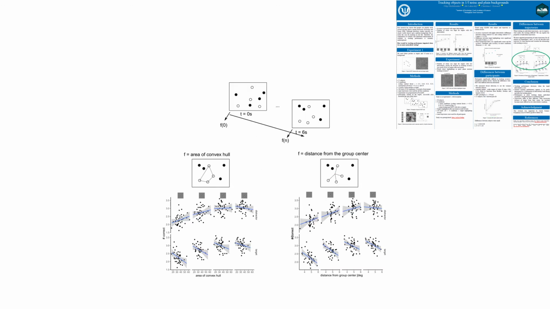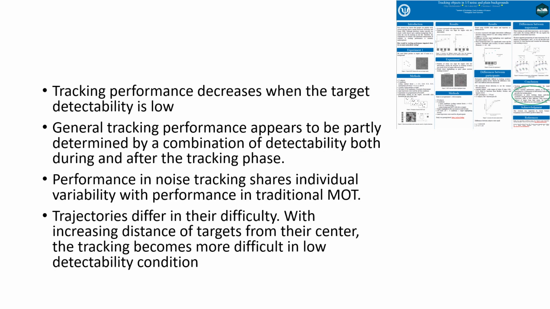And also we studied whether there can be systematic differences due to the differences in MOT trajectories, which we found that there are, and it kind of makes sense in terms that easier tasks are the ones where the objects are clearly separate from each other, or when the targets are very close to each other.